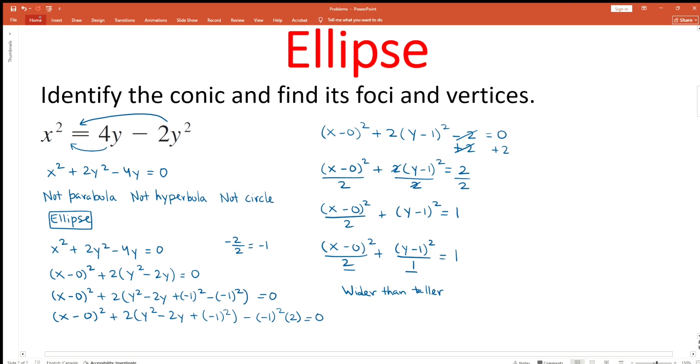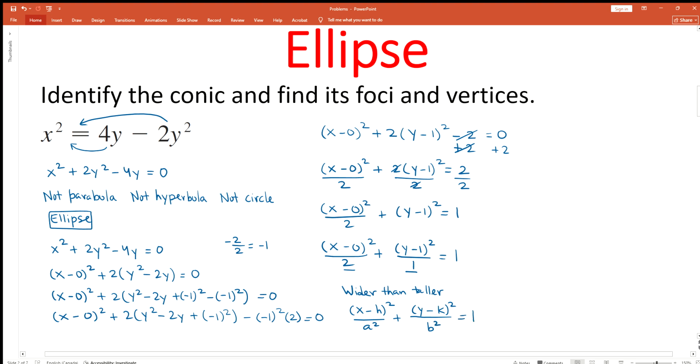The general equation of an ellipse in standard form that is wider than taller is x minus h square over a square plus y minus k square over b square equals 1.